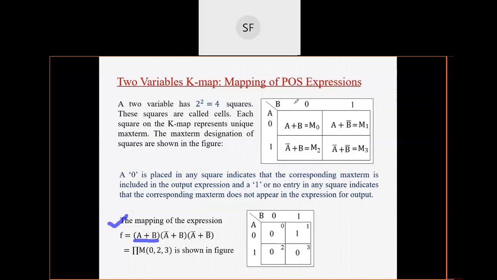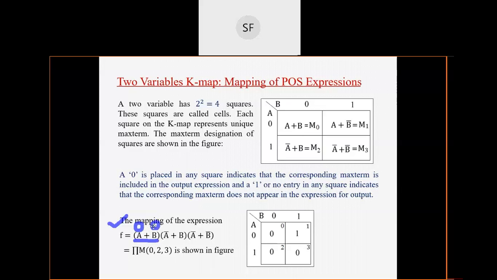Now since it is POS, product of sum, you should remember that for a you have to write 0 here. SOP में क्या होता था, a बार के लिए 0 था, बट यहाँ पे POS में you have to write 0 for uncomplemented variable. Similarly, b is also uncomplemented, so again you have to write 0 here.